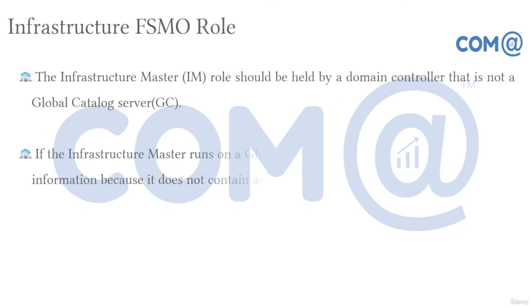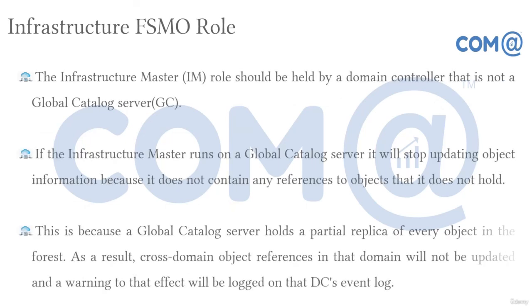And this infrastructure master role should be held by a domain controller that is not a global catalog server. If the infrastructure master role runs on a global catalog server, it will stop updating the object's information because it does not contain any references to the objects that it is holding. That is the important reason why the global catalog server holds the partition.